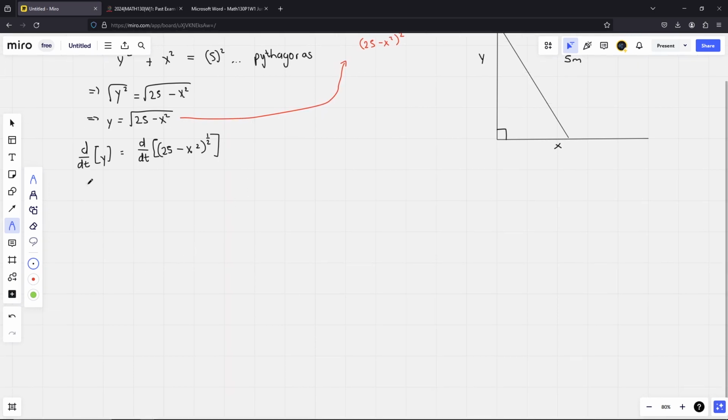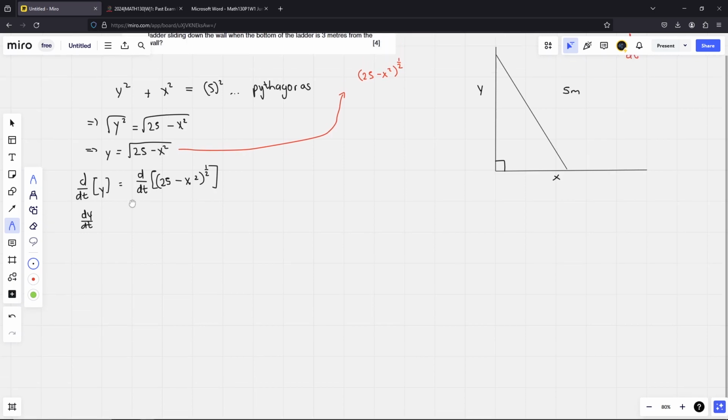Deriving the left hand side, we have dy dt, which means the rate of change of y with respect to time, which is exactly what we're looking for, because we want to know how fast this is sliding down.